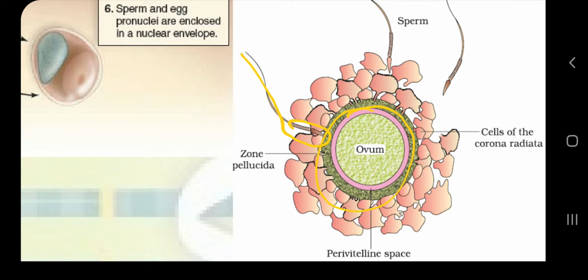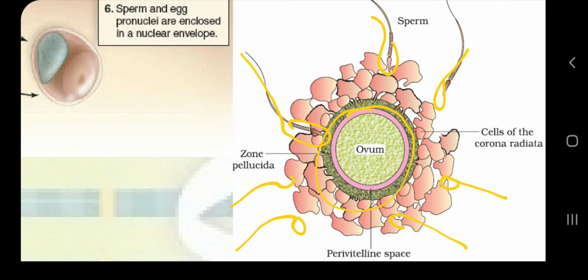One more thing I want to discuss here. Only one sperm will fertilize one egg or ovum, and that will result in the formation of the zygote, but many sperms are required surrounding the egg during this process to maintain a biochemical environment.